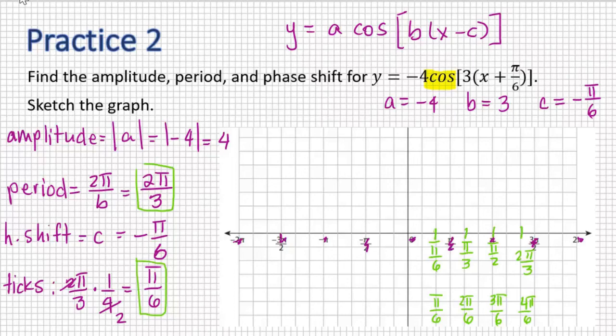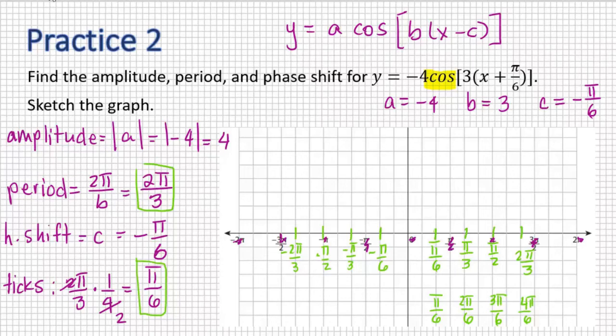So we can keep going and give ourselves a few extra steps to the left and the right. On the left side, we'd have negative pi over 6, negative pi over 3, negative pi over 2, and negative 2 pi over 3. And that should be enough for this graph.